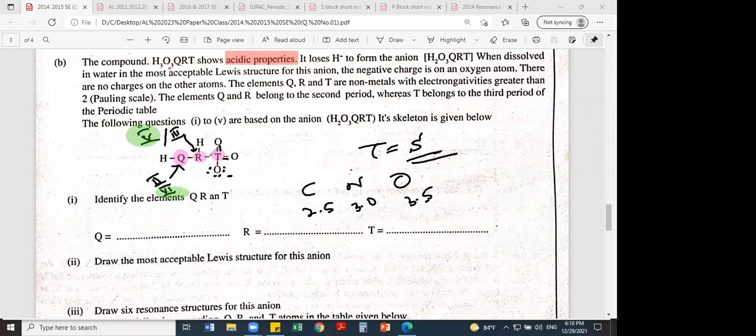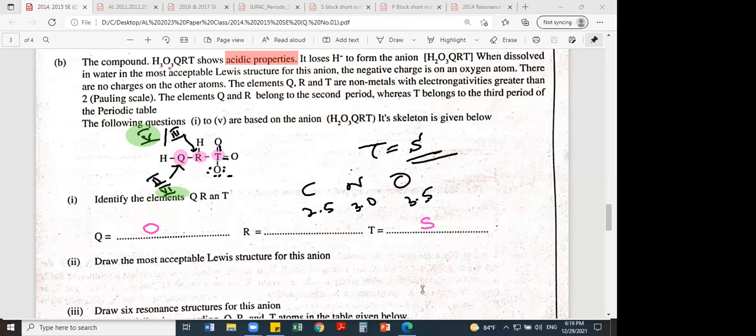Q oxygen, okay. R carbon is the problem. T sulfur, no problem, we have predicted. Q oxygen. What about Session?